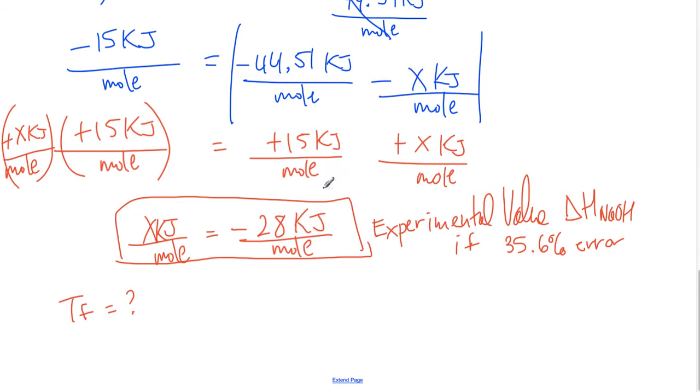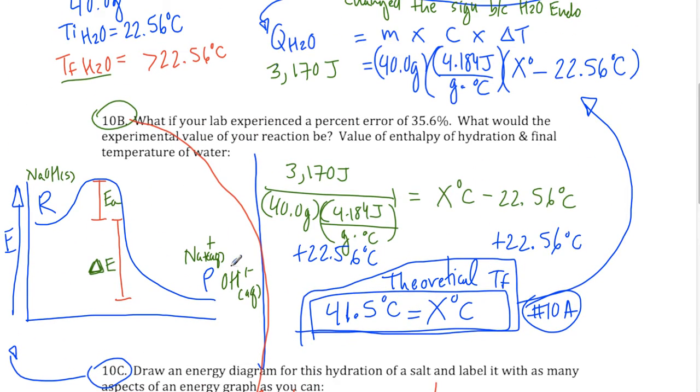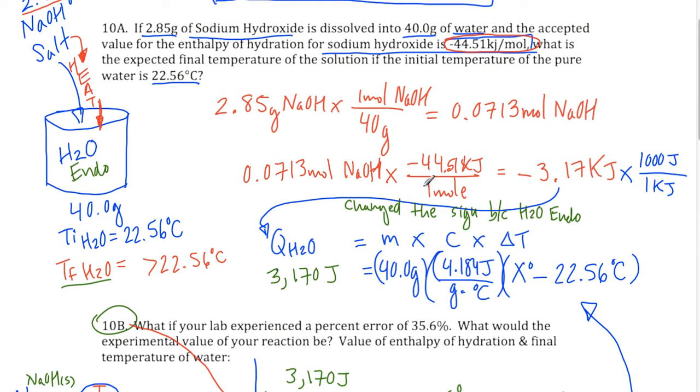Well, if this was your experimental value, what you would have done was you would have taken the number of moles up here. All right, so I would have taken that value and plugged it in here, right? Because that would have been my experimental value. So I would have taken my number of moles of sodium hydroxide.